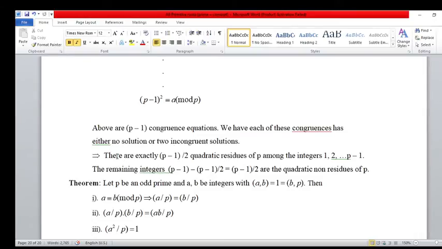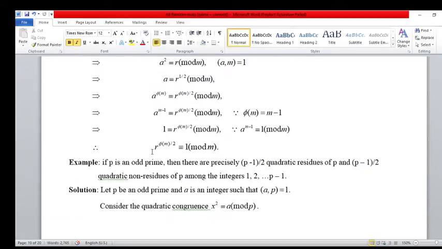This implies there are exactly p minus 1 by 2 quadratic residues, meaning half, among the integers 1, 2, 3, 4, 5 up to p minus 1, and the remaining integers, p minus 1 minus p minus 1 by 2, which is p minus 1 by 2, are the quadratic non-residues of p.